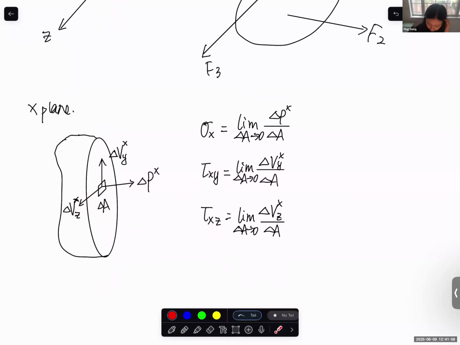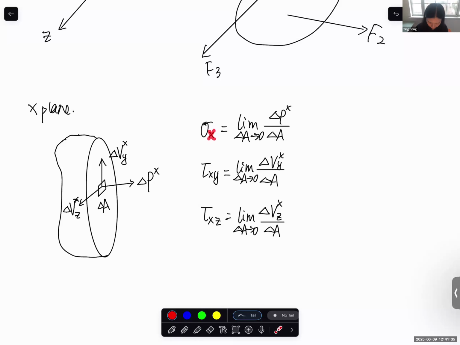And of course, in some textbooks they use sigma xx, and some textbooks use sigma x. It's the same thing, because for a normal stress sigma x, it can only be along the x-axis. It cannot be sigma xy or anything else, because if it is on the x plane in the y direction, it has to be a shear stress.